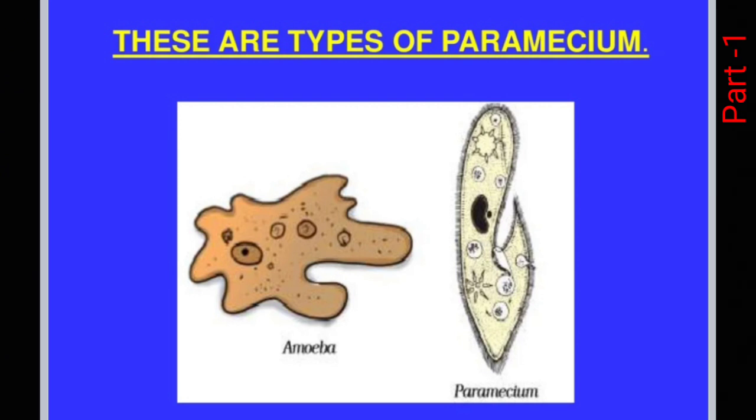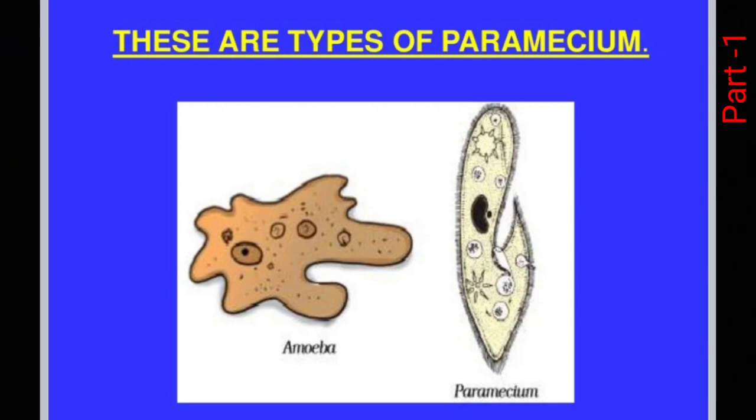Why unicellular? Because only a single cell is present in amoeba, and moreover it is immortal because it can never die in its whole lifetime. So this is amoeba. It undergoes binary fission and also multiple fission in case of asexual reproduction. And second is your paramecium.